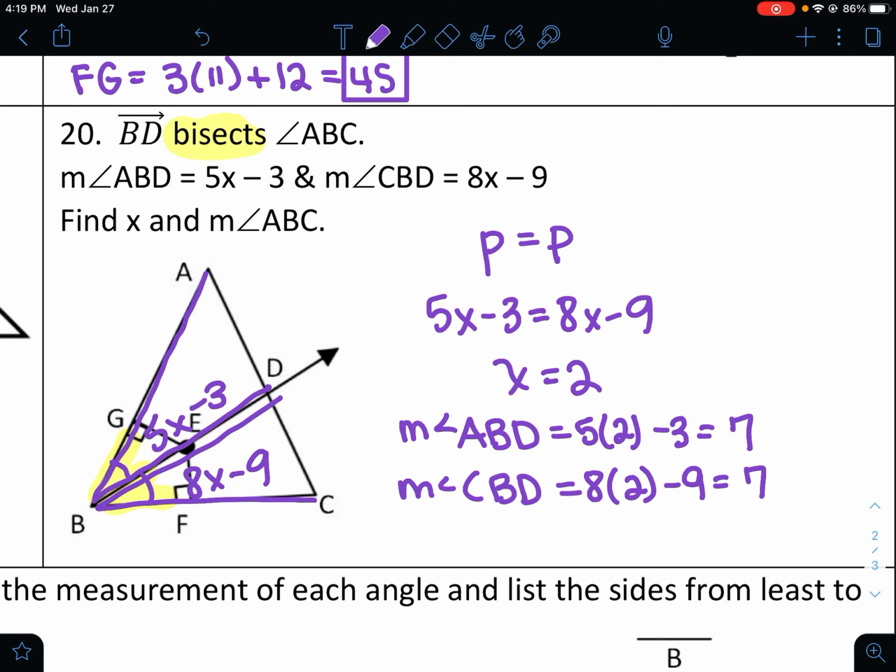And it wants us to find ABC. So ABC is the whole thing, ABC. So what we're going to need to do is take both of those and add them together. So the measure of angle ABC is 7 plus 7, which is just 14. So this is 14 degrees. Since it's an angle problem, it's degrees.